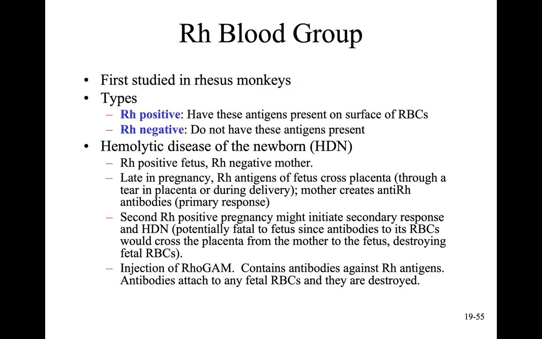Now, with hemolytic disease in the newborn, what happens is mom is Rh negative, dad is Rh positive. Now, if dad is homozygous for Rh positive, in other words, dad inherited the positive Rh from his dad, and then he inherited also the positive gene from his mom. Now he has two Rh positive genes.